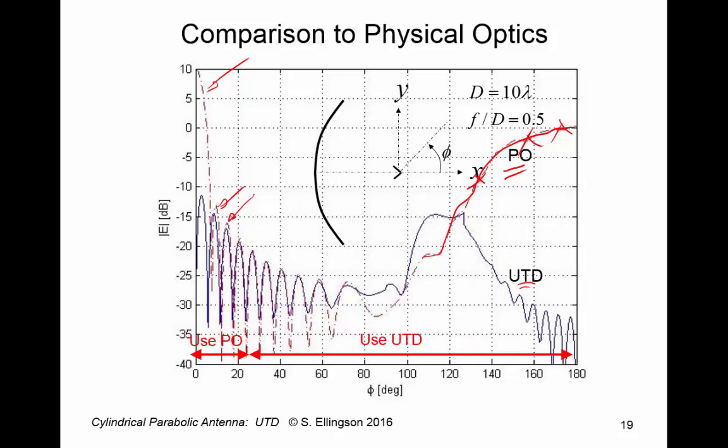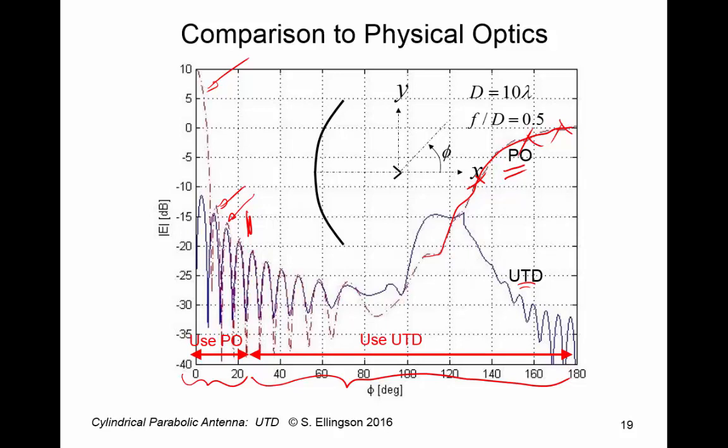So what do you do here? Well, the way these types of problems are typically reconciled is that you go ahead and you use physical optics for this region, and you go ahead and you use UTD for this region. In other words, you use the 2 methods in the regions which are valid, and then to stitch the 2 solutions together, you either pick a point somewhere where you stop using one and start using the other, or in other methods you might do some weighting between the 2 methods.